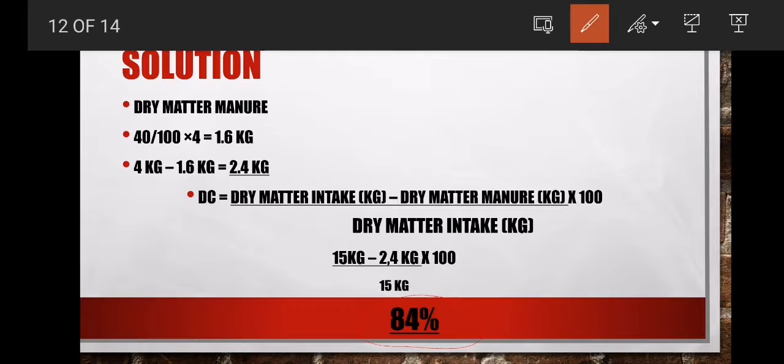And never forget to use your sunrise. In your sunrise, check digestibility of feeds. So make sure that you check it. I will tell you on which page.